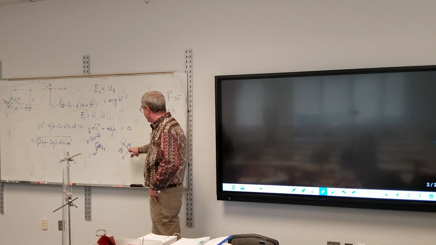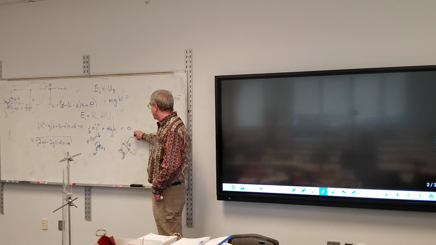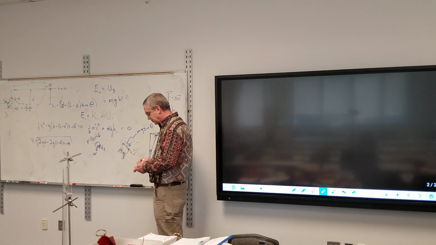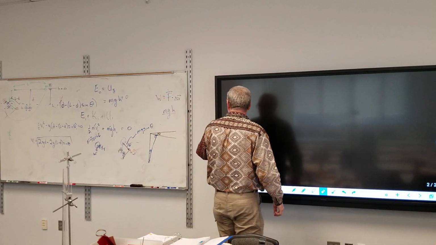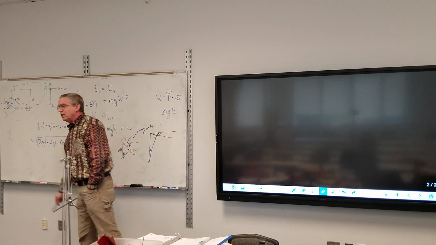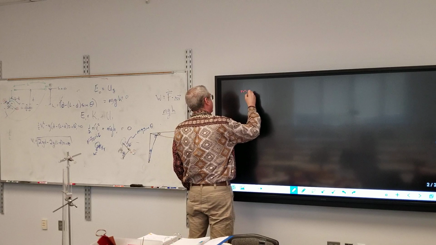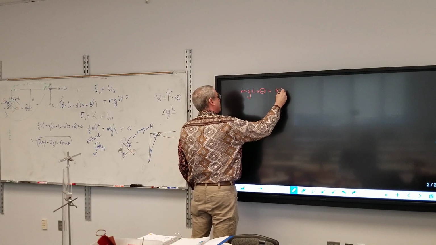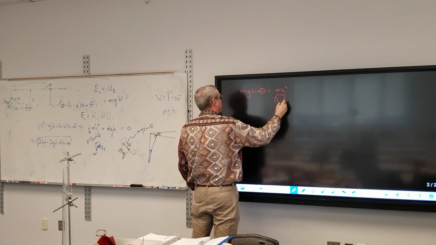Therefore, since this angle down here is theta, this component has got to be mg sine theta. So from energy, we have V1 is equal to this. From centripetal motion, I have mg sine theta is equal to mv1 squared over L minus D.